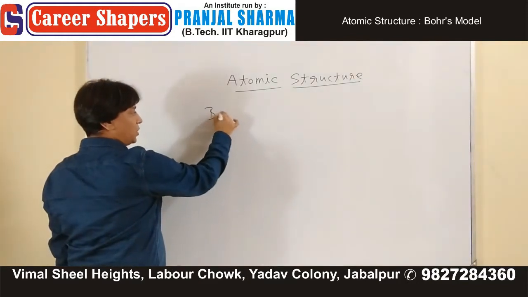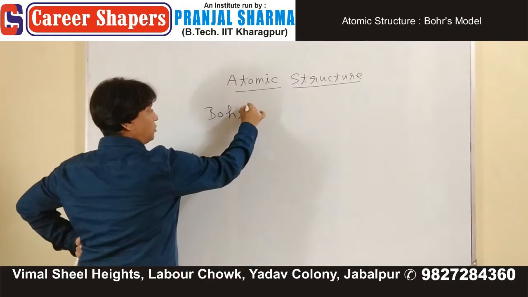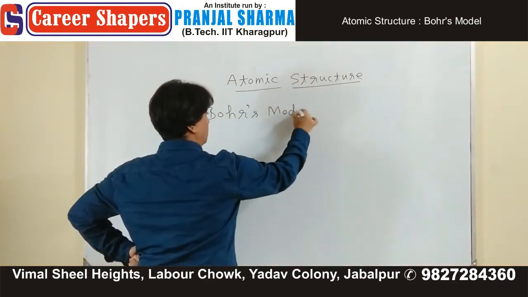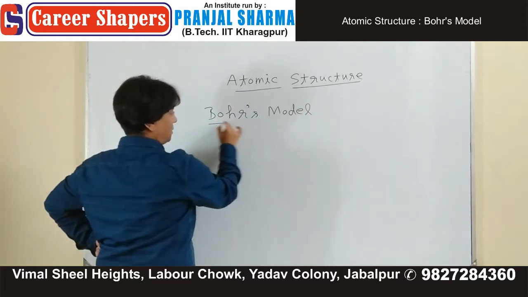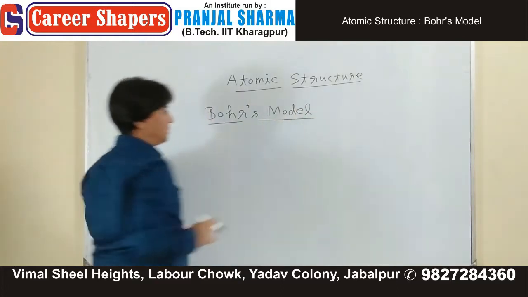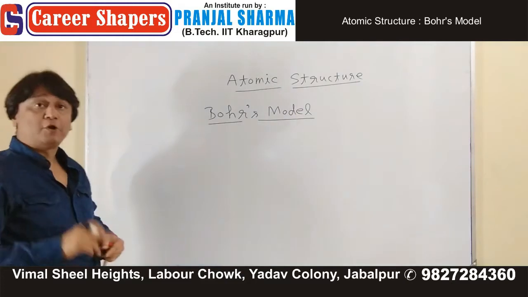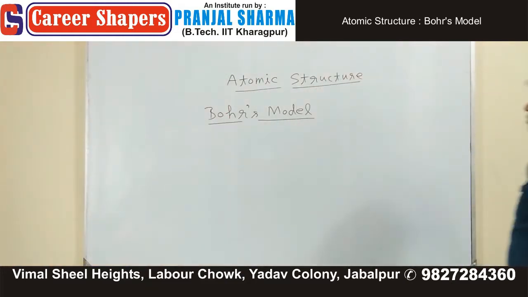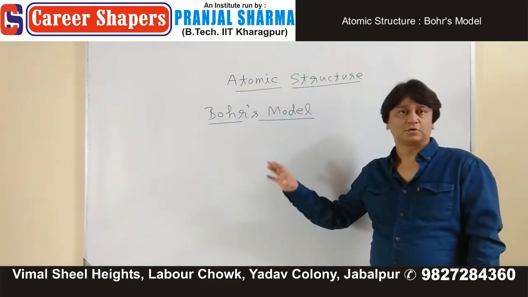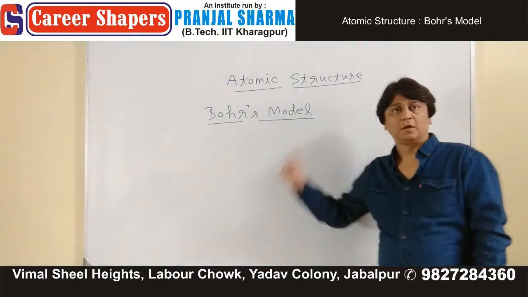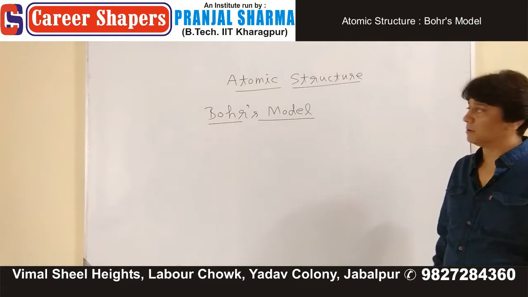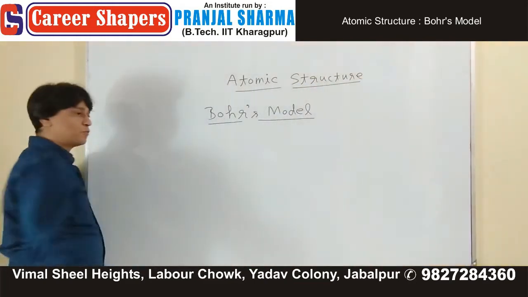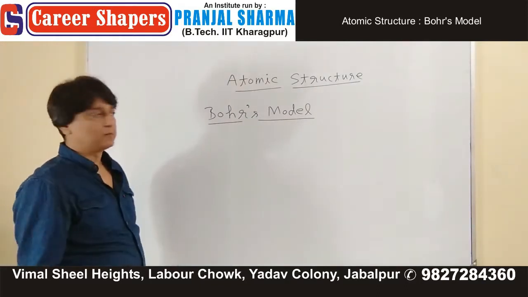We will start with Bohr's model. Now when we talk about Bohr's model, it means we are interested in those atoms which have only one electron, for example hydrogen, which is a very basic thing.